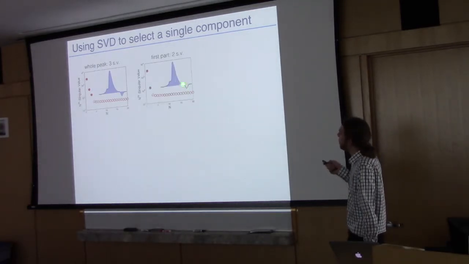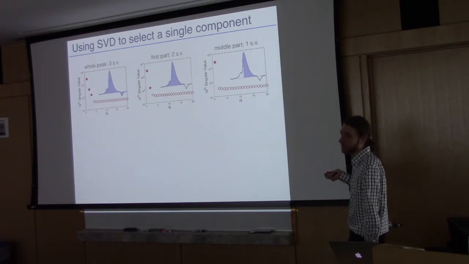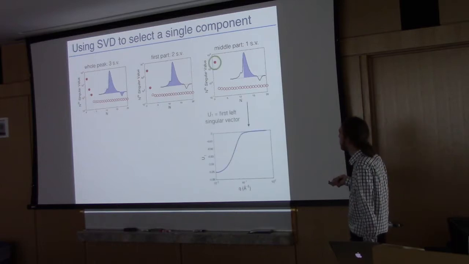If you cut off this end part, remember the salt depletion peak, that reduces the number of significant singular values to 2. Furthermore, if you cut off this peak at the beginning, now we just have 1. That tells us that all of the data in this blue region are basically rescaled versions of the same curve, and we can average them together.